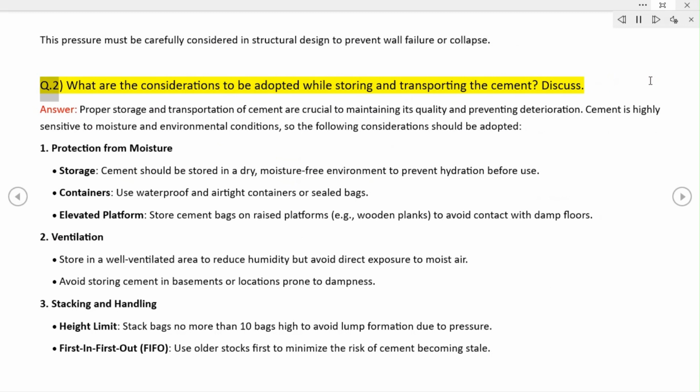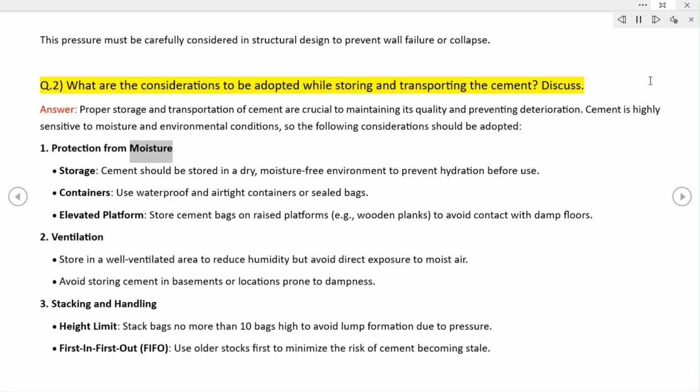2. Quetzales, what are the considerations to be adopted while storing and transporting the cement? Discuss. Answer: proper storage and transportation of cement are crucial to maintaining its quality and preventing deterioration. Cement is highly sensitive to moisture and environmental conditions, so the following considerations should be adopted. 1.